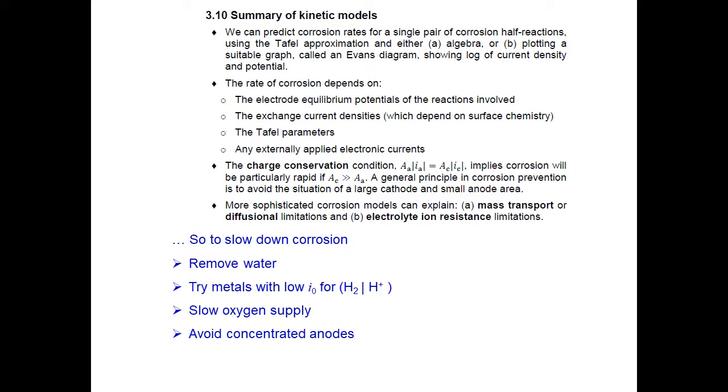And I can try to avoid this situation of the area effect from the last section. I can try to avoid having concentrated anodes with a large cathode, which happens in practical situations like when you have an iron nail bashed through a very large copper sheet and then it's carelessly left out in the rain or something. I can try to avoid those situations. Anyway, section 3.10, you can read the summary as to important things to take away from the algebra of corrosion kinetics.